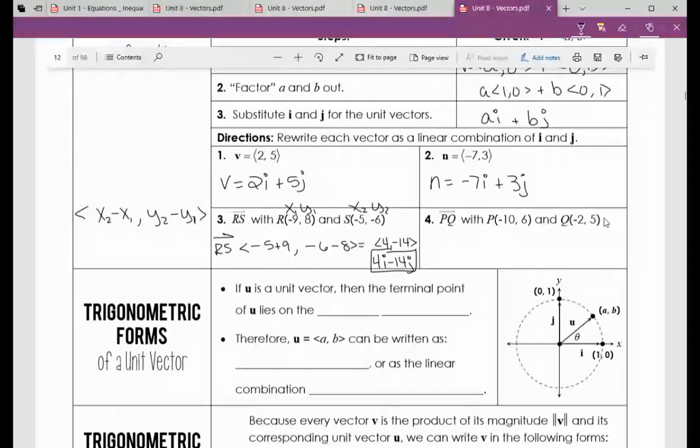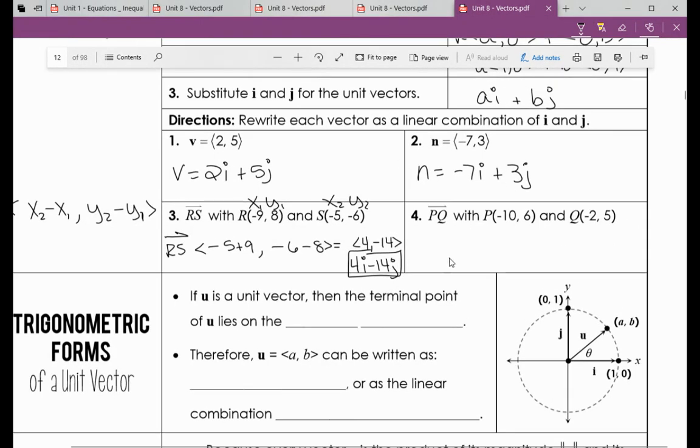Now, we're going to do the same thing with number 4. So I've got to find the component vector first. So here's x1, y1, x2, y2. So that would be negative 2 plus 10, 5 minus 6.